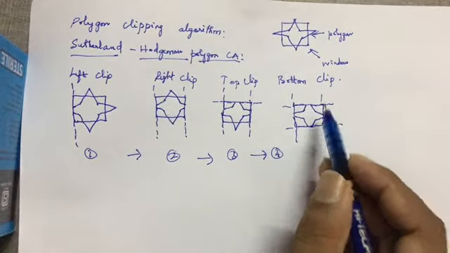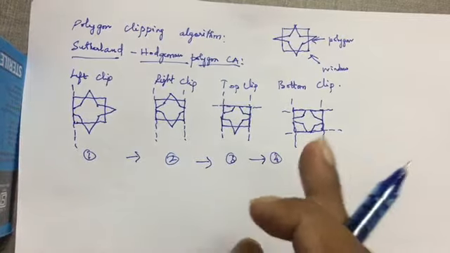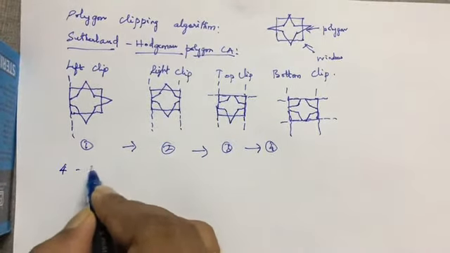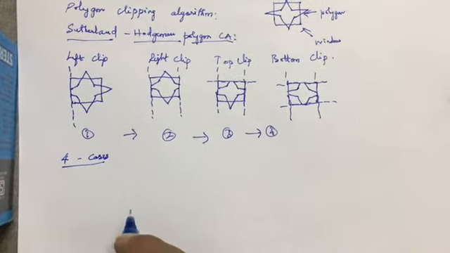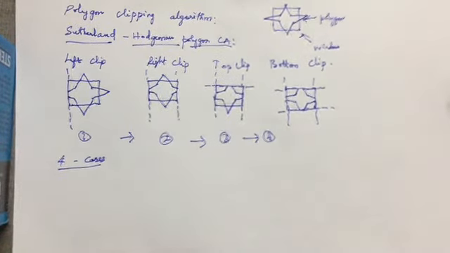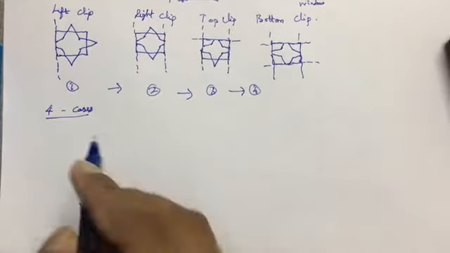So these are the lines. How are the lines clipped? For this there are 4 cases. You have to understand these 4 cases in order to perform the Sutherland Hodgman polygon clipping algorithm.